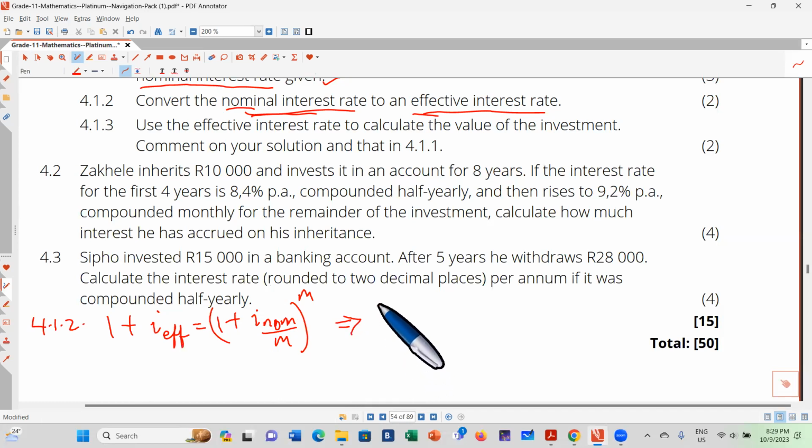So I effective is the same as what? If you want to find the I effective, we just move the 1 to the other side. So you have 1 plus I nominal divided by m, to the power m, minus 1.